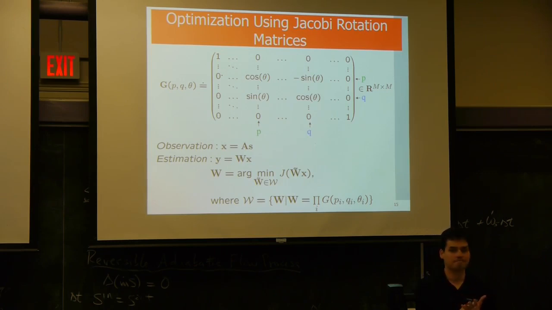Questions? Yep. We assume the number of sources is the same as the number of... Oh, very good point. So the question is how many sources and how many microphones we can have. And what we will assume always here is that you have more microphones than sources.